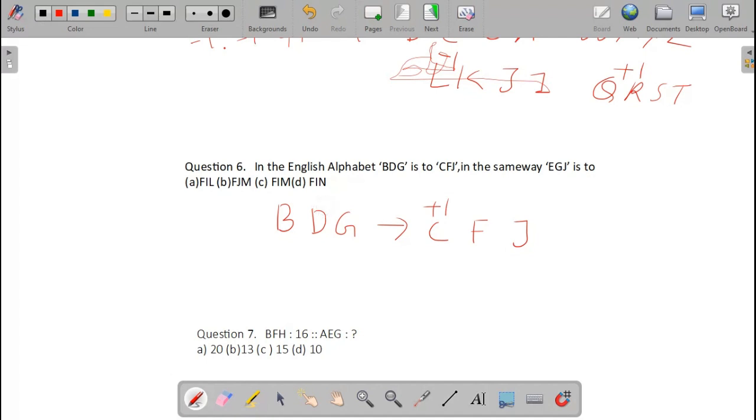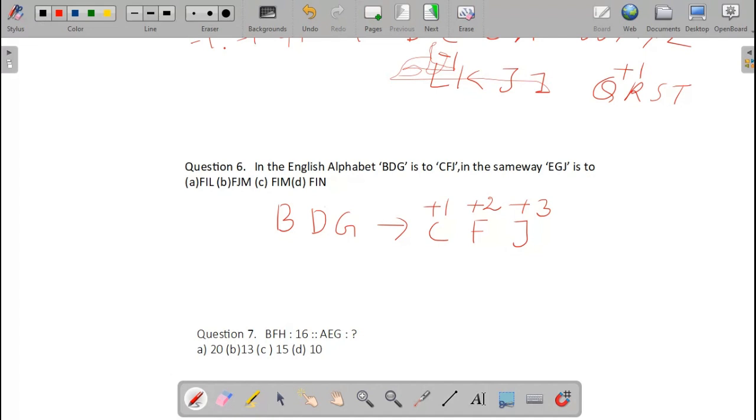After E, it is F. Then for Z, it is plus next 2, G, H, I, and then J, G, H, I, J. So this is plus 3. G, H, I, J. Third alphabet.